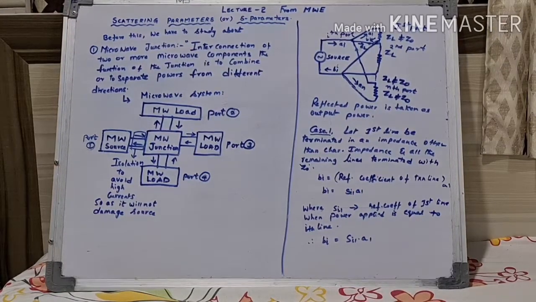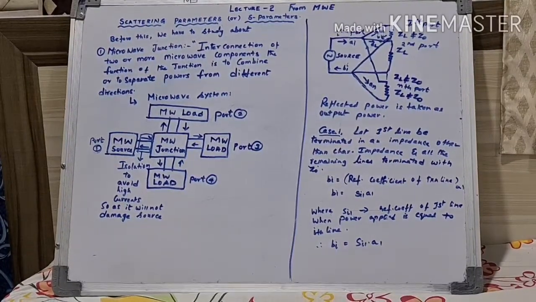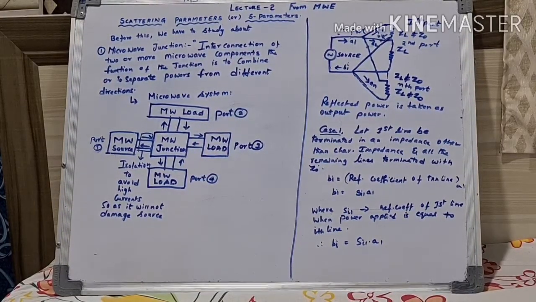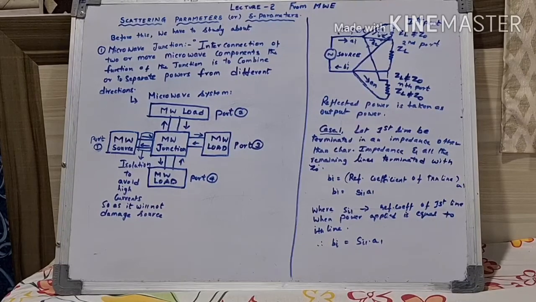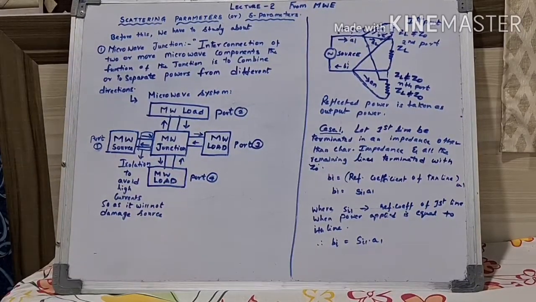Low frequency circuits are described by Z parameters, Y parameters, H parameters, and A, B, C, D parameters. All these parameters we already know.